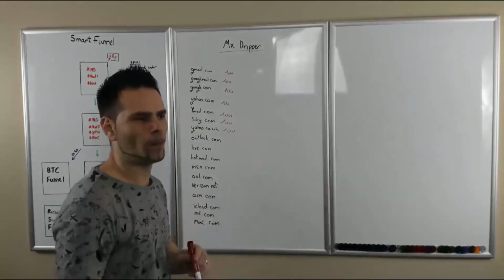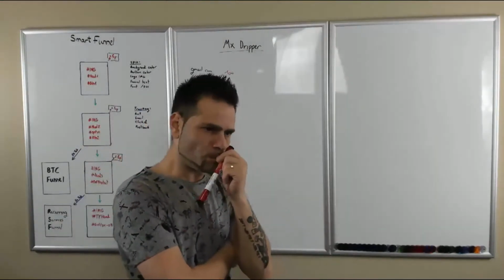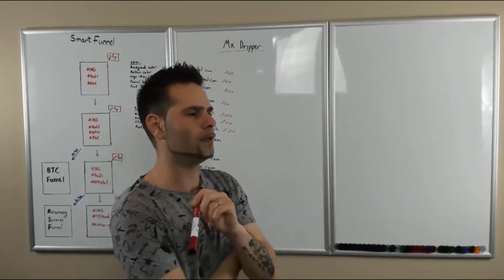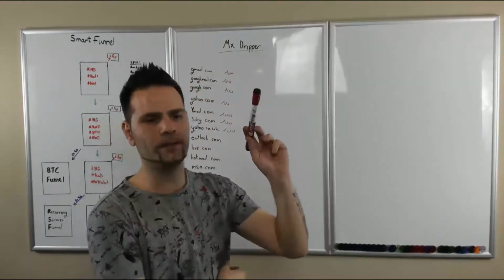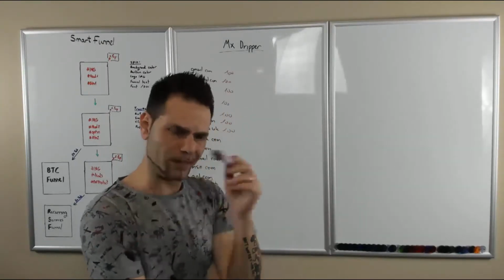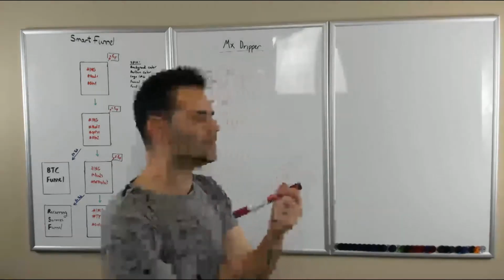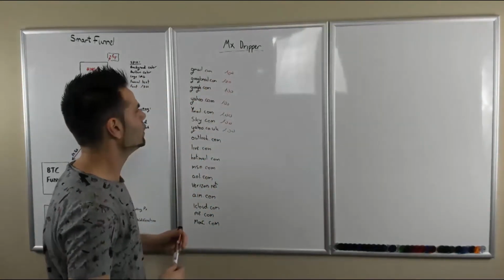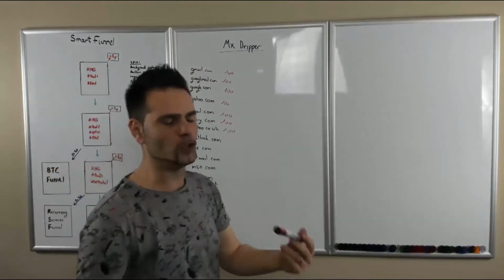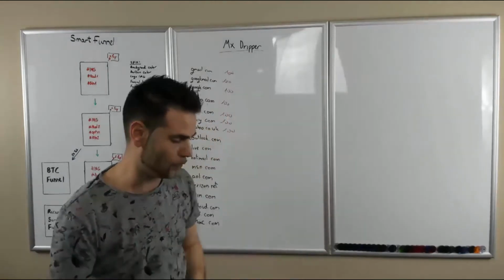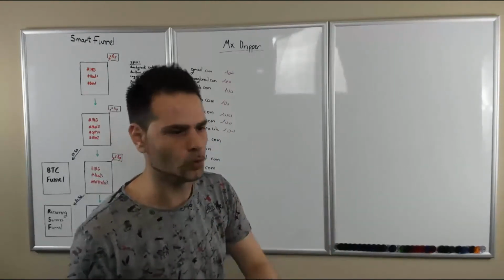But the difference is the MX Dripper, the ATMv2 MX Dripper, will actually check the email IDs you are importing to your system, and will check what is the DNS behind them, okay? What is the MX behind them?